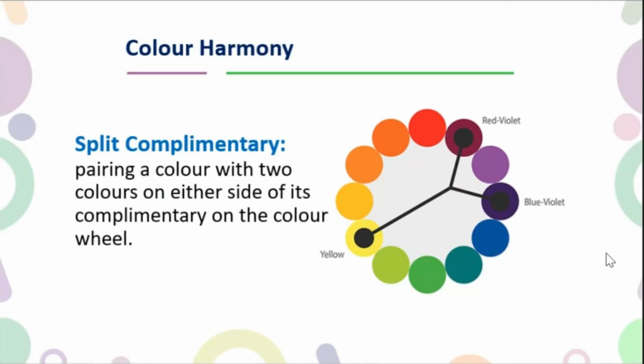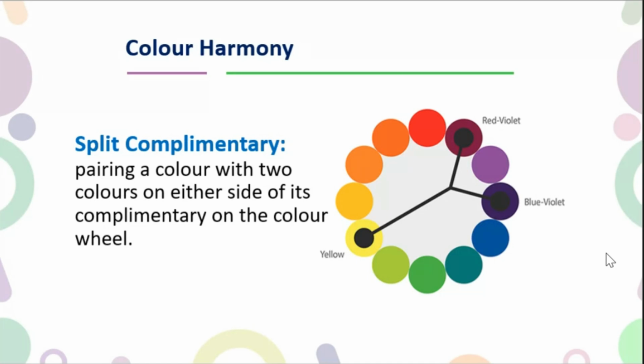Then we have split complementary colors. We first looked at complementary colors. Now we have what we call split complementary colors. It's like when you take the complementary color. Let's say yellow is complementary to what? Violet.